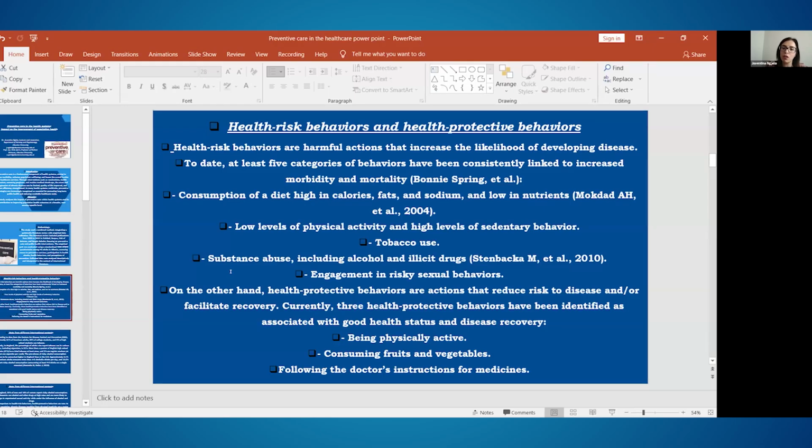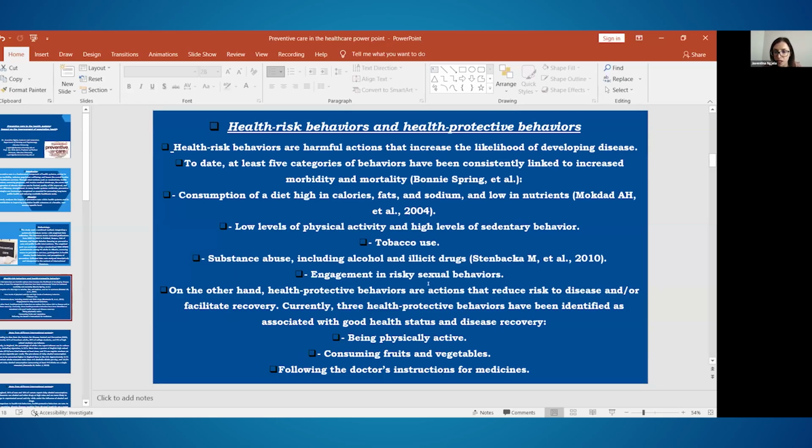So: consumption of a diet high in calories, fats, and sodium, and low in nutrients; low levels of physical activity and high levels of sedentary behavior; tobacco use; substance use, including alcohol; and engagement in risky sexual behaviors. These are the aspects that are found in the international literature and also in our studies.